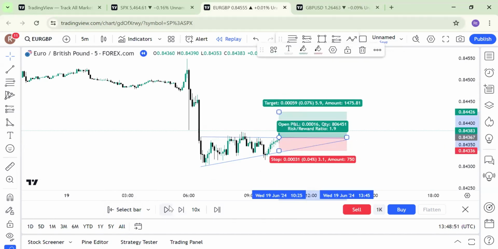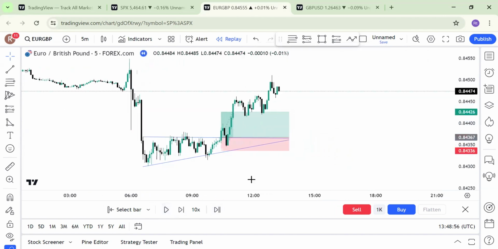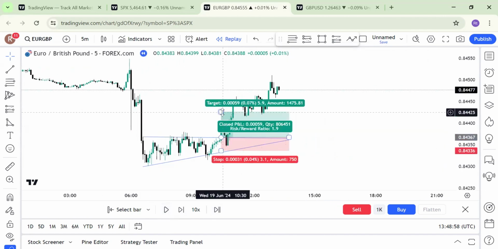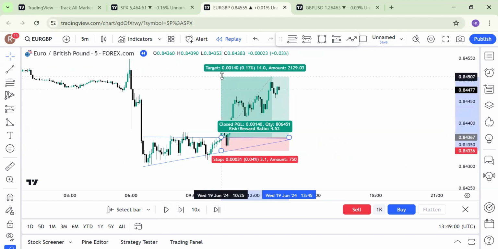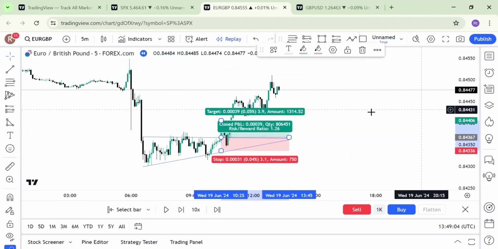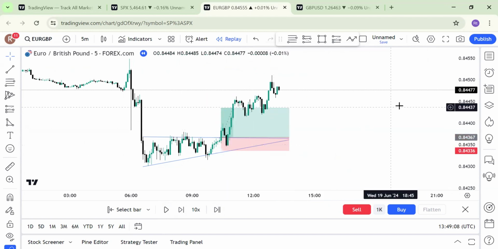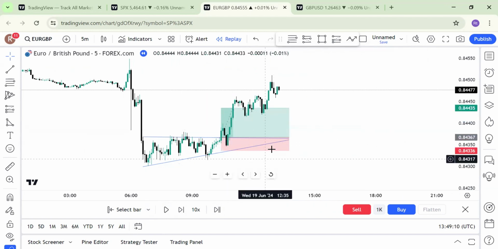So let's see if we are going to get our 1:2. Oh, boom. That's our 1:2 right there. You see, the market later did more than 1:2. It did around 1:4 thereabout. But because I don't do more than 1:2, I've gotten my 1:2 and I'm out of the market.